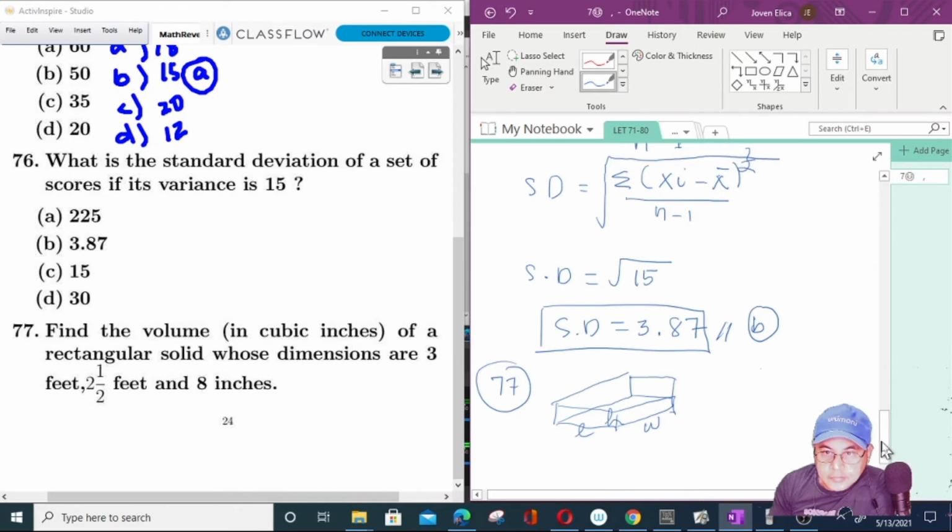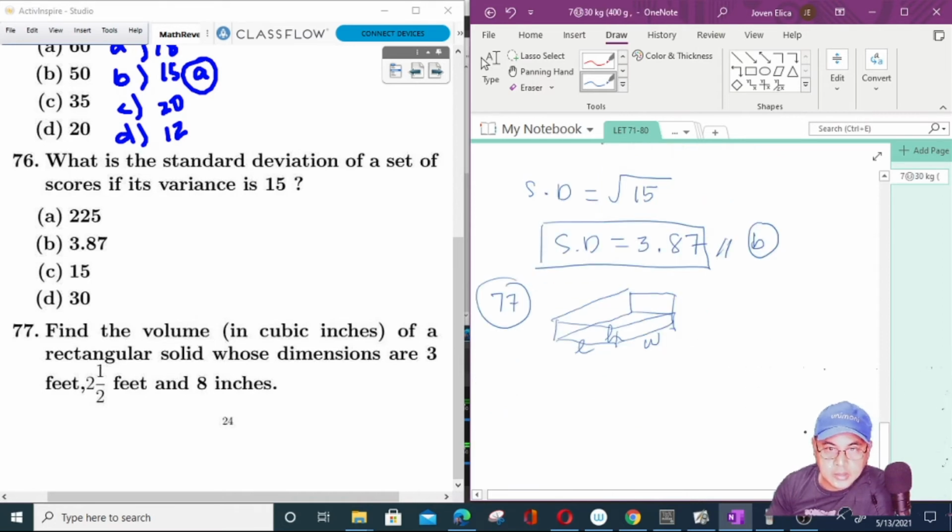The volume of the rectangular solid is equal to length multiplied by height multiplied by width. Now the question is to find the volume in cubic inches. The volume should be in cubic inches.